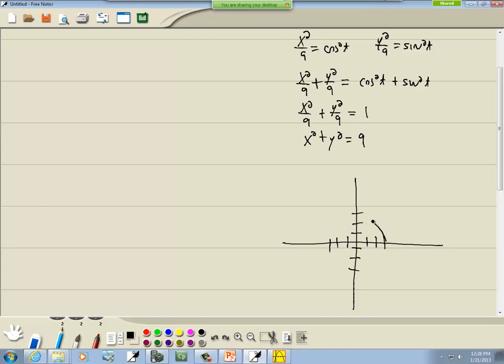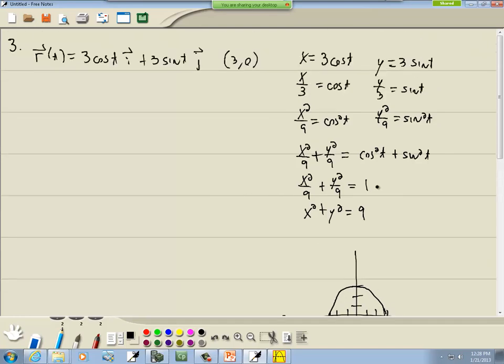There we go. Our graph would look like that. Now we need to find our velocity vector, which is the first derivative of r. Well, the derivative of cosine is negative sine, so this becomes negative 3 sine t i.